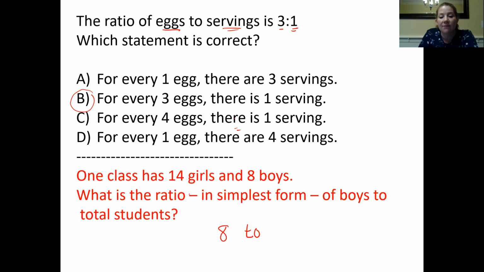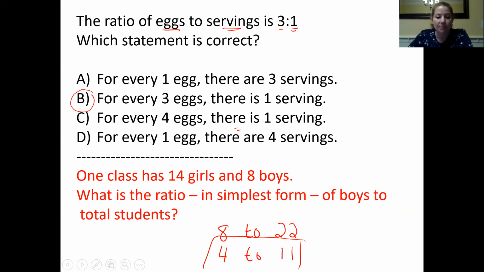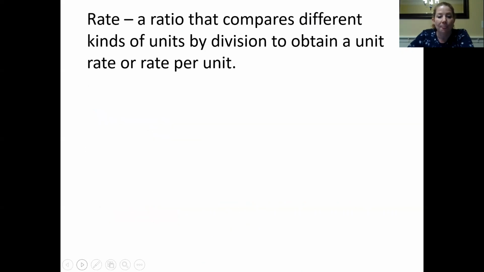So did you guys add 14 and 8? That'd be 8 to 22. Of course, that's not in simplest form. We can divide 8 and 22 both by 2. So we would get 4 to 11. So that's the answer in simplest form.